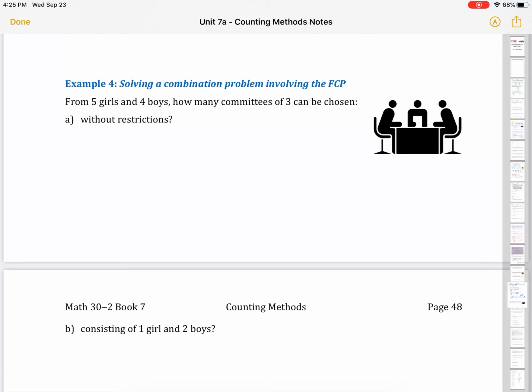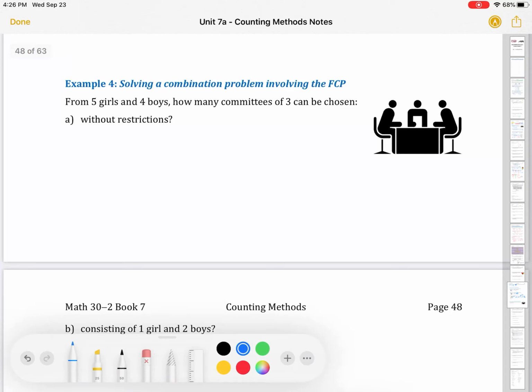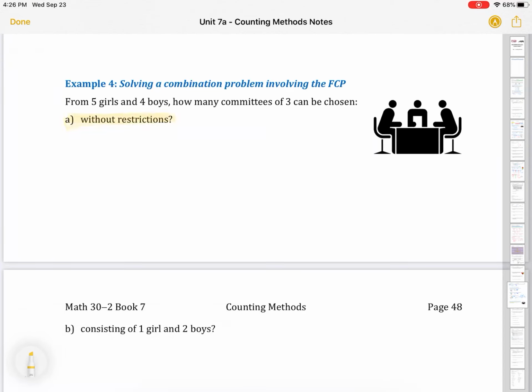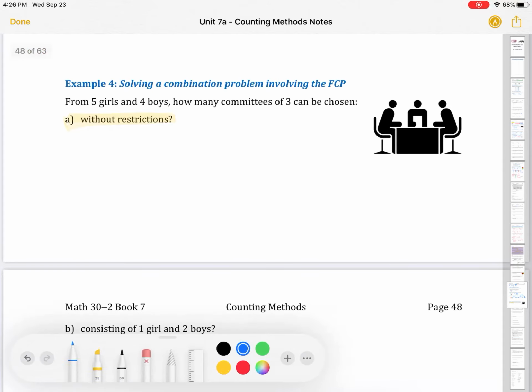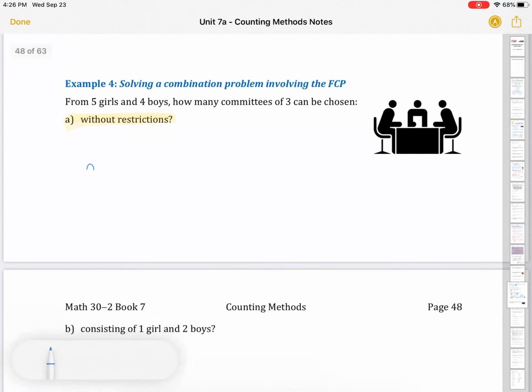Okay. Solving a combination problem using the fundamental counting principle. So let's think about this. From 5 girls and 4 boys, how many committees of 3 can be chosen? First of all, without restrictions. Okay, so we haven't restricted how many.